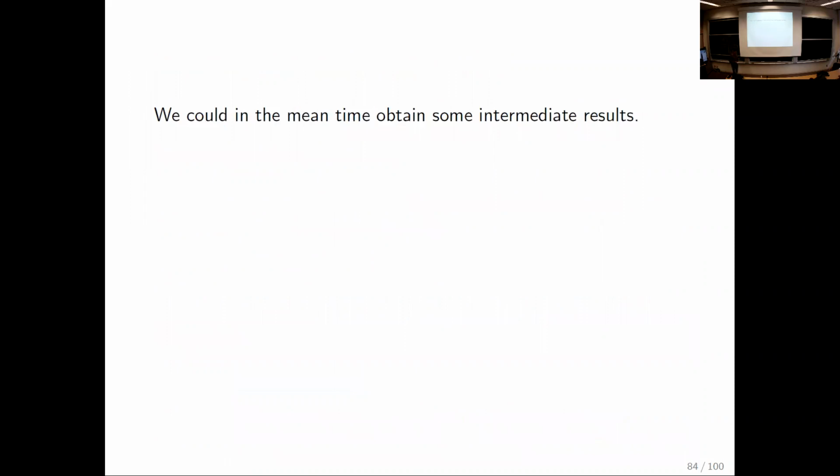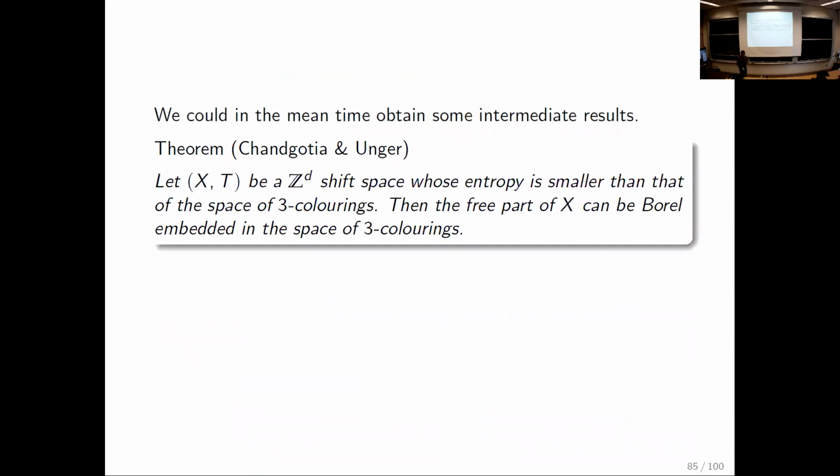So in the meantime, what we could do is prove some intermediate results, which are the following. What is a shift space? A shift space is simply a compact invariant subset of a finite number of symbols to the power of Z^d. So these are very special Polish actions. If the entropy constraints are satisfied, then you can actually embed the free part of that space into the space of proper free colorings.